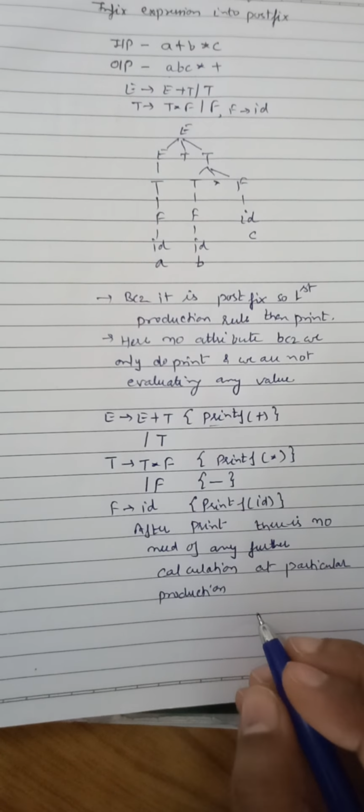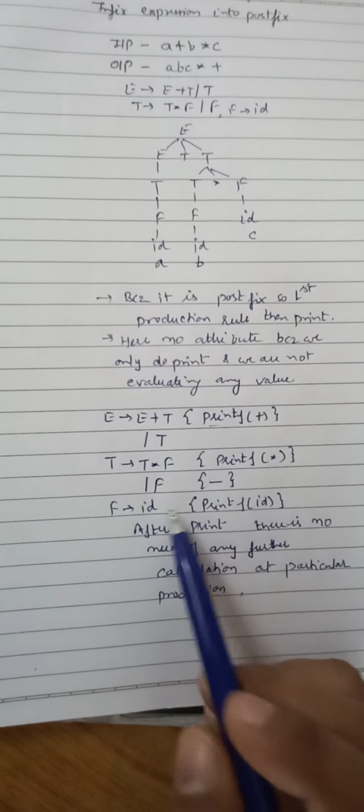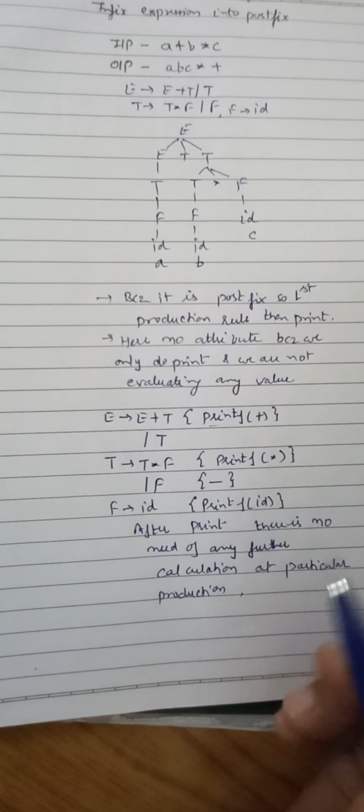So at F we can say simply we'll print id.